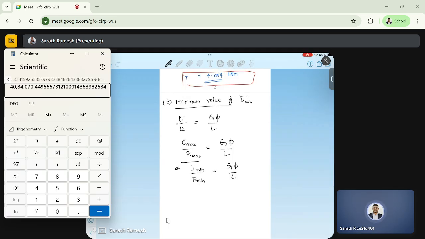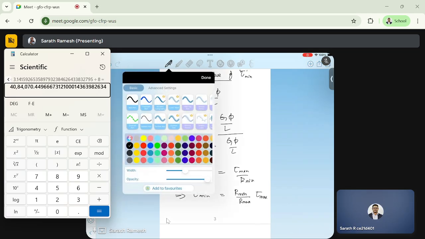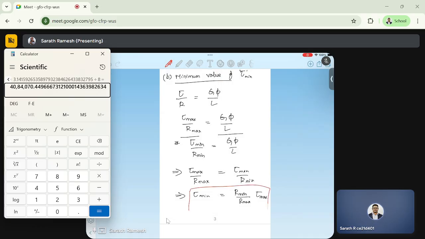So when I divide these two, I get tau max by R max equal to tau min by R min. This implies tau min equals R min by R max times tau max. Okay, so this is a direct relation we have.